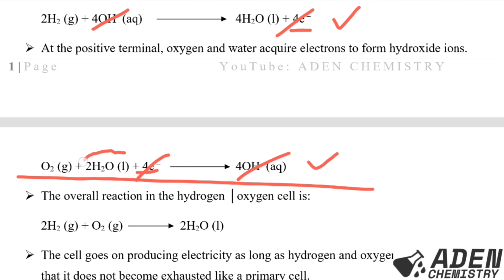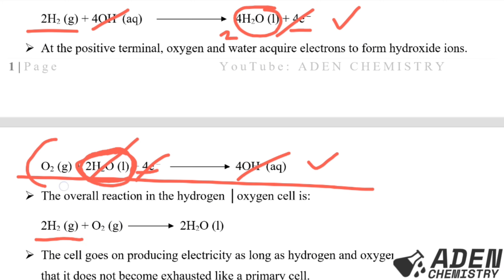The number of moles of water here is 4, and here we have 2, so we subtract, and 2 goes with 2. Here we are going to have 2 moles of water. So the overall reaction is 2 moles of hydrogen gas plus 1 mole of oxygen gas giving 2 moles of water on the product side.